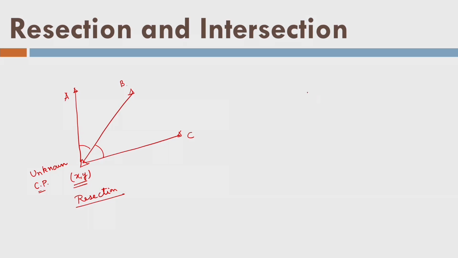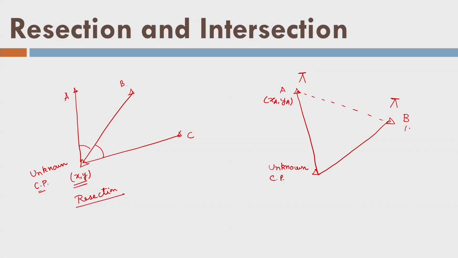On the other hand, if I say point A is a known control point, and B is another known control point, and this one is an unknown control point. So, what if I put the total station or theodolite over here, and then I observe these distances from here and from here. Moreover, this distance is known because we know xa, ya, and xb, yb.